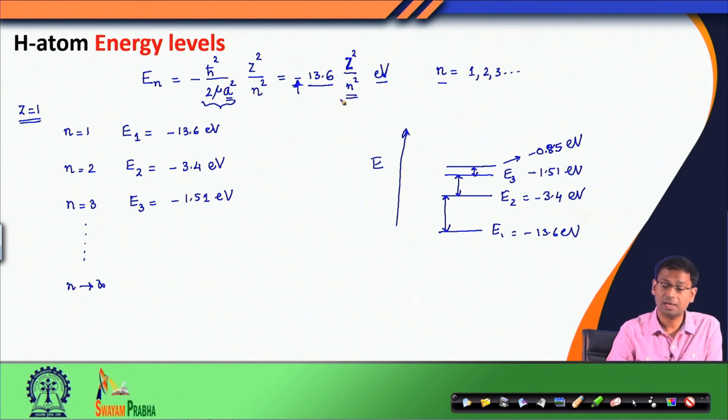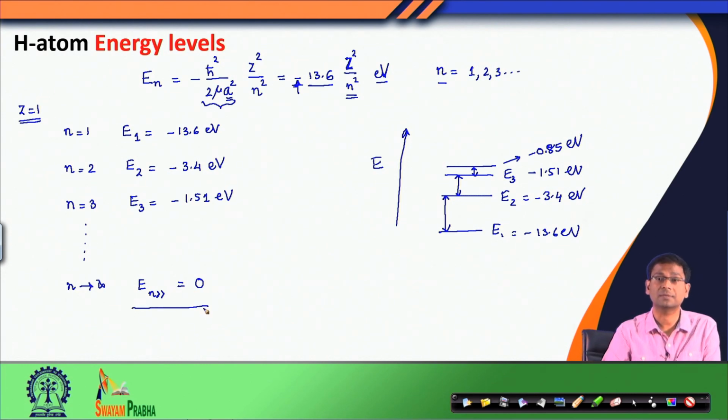Then you see that we have this energy expression with the 1 over n square term, so where n is a very large quantity, this energy becomes 0. For all other energy levels where n has any finite value, the energy will be negative, and when n goes to infinity, this will become 0.